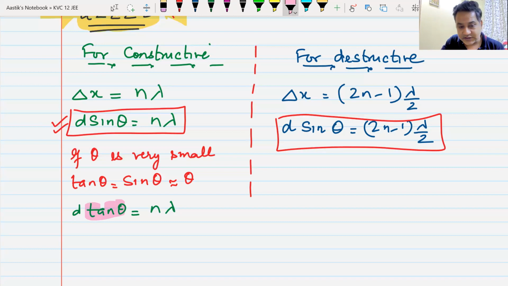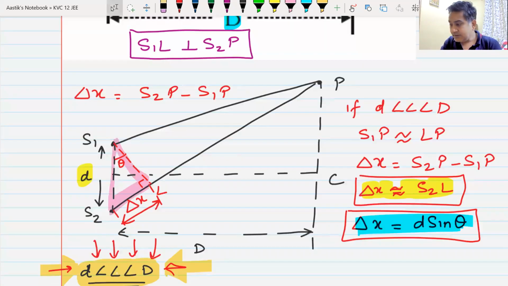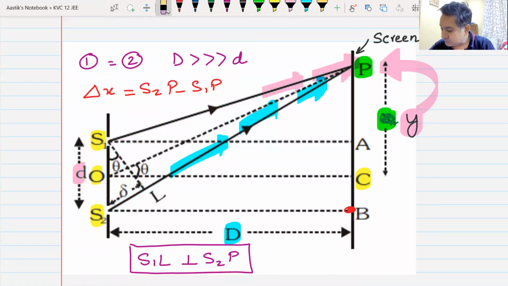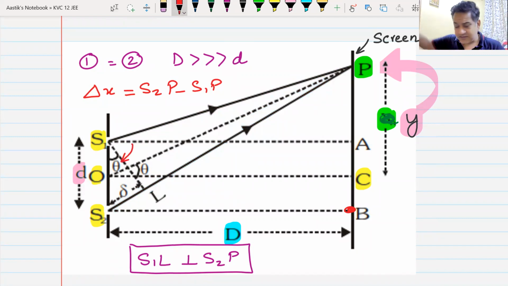Now, what is this tan theta equal to? So I go back to the original diagram. This was the diagram that we discussed. Before this diagram, we had this diagram, and in this diagram, if I just rub the part which is not necessary right now, you can see I told you two angles are theta. One angle is this that we have already discussed. If the distance is very large, I told you that this angle is also theta.